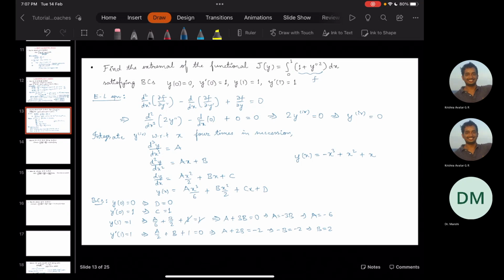Okay, so we need to look at our boundary conditions here, whether we have actually done it right. So y of 1 is a by 6 plus b by 2 plus cx is equal to 1. Fine, that's true. Okay, yeah, I have made a mistake here.